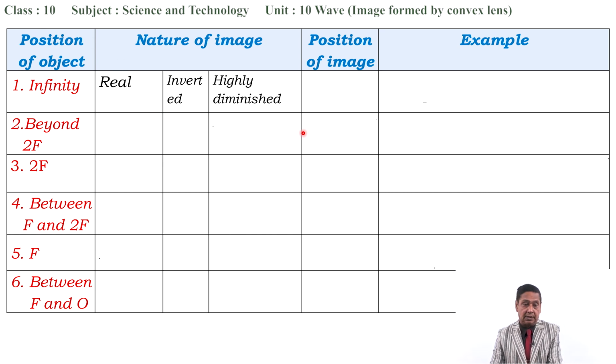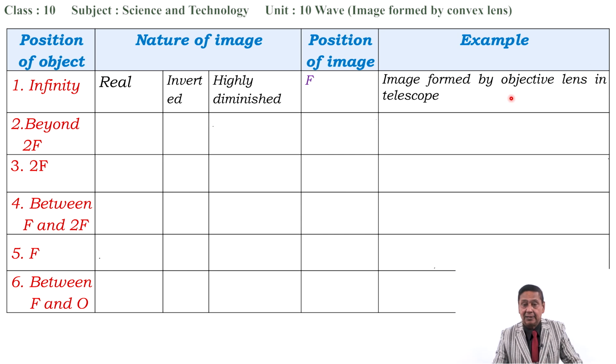It is inverted, highly diminished, and the position of the image is at focus. Now what is the example of this? In what place will we see this type of image formed, by which optical instrument? The optical instrument is the telescope.